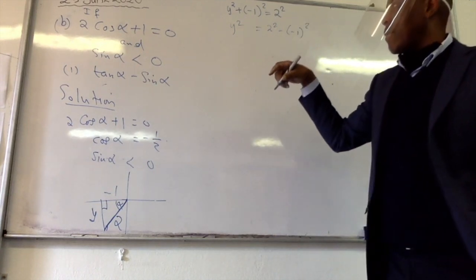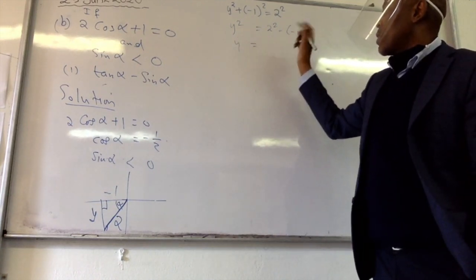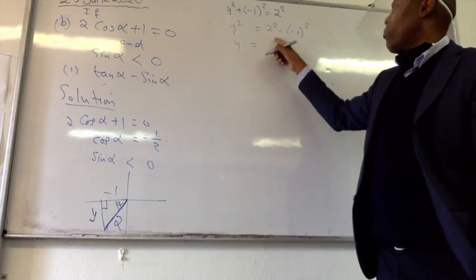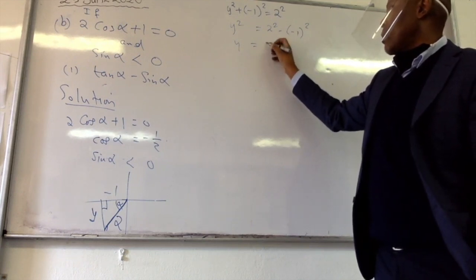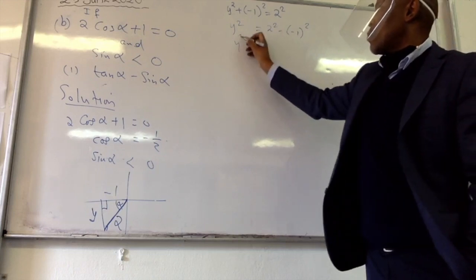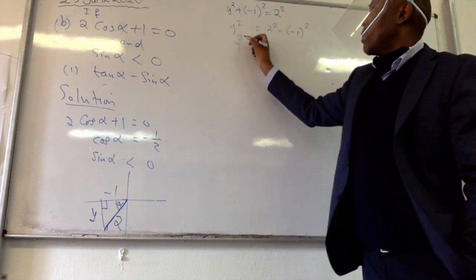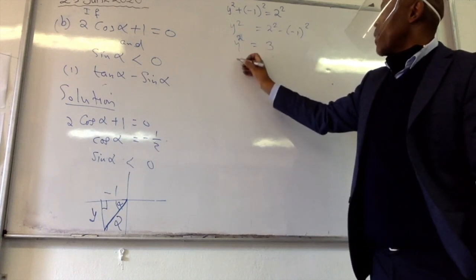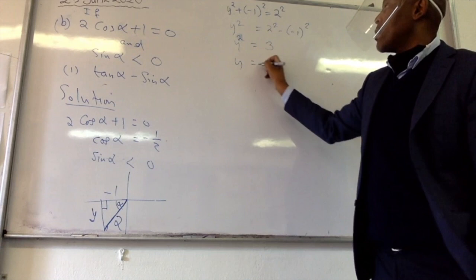I hope that is clear. What do we get if you simplify this? This is 4 plus 1. Sorry, 4 minus 1. Is it 3? Yeah, so this is y squared. Y squared is equal to 3, right?